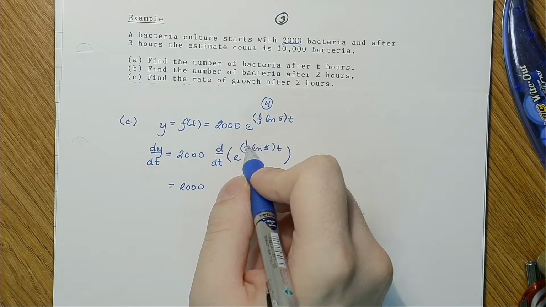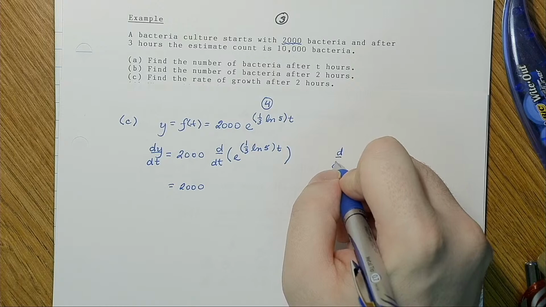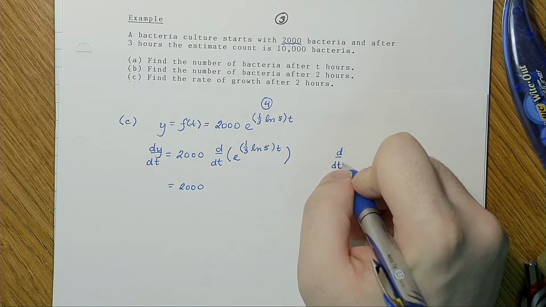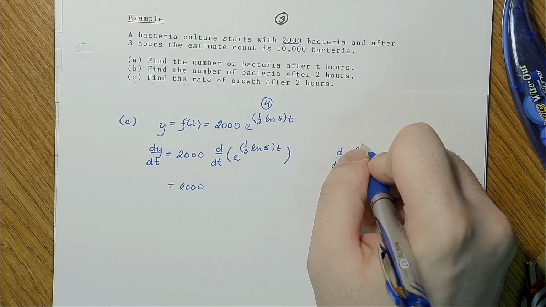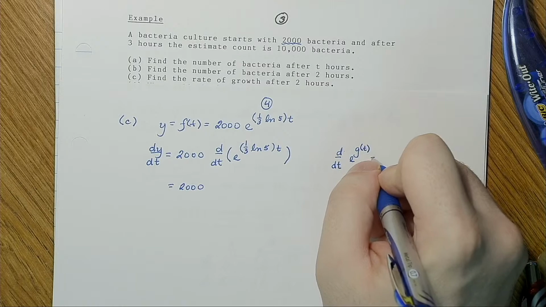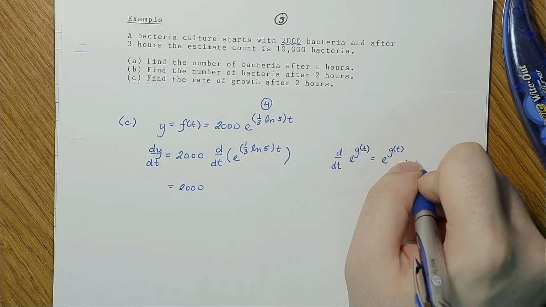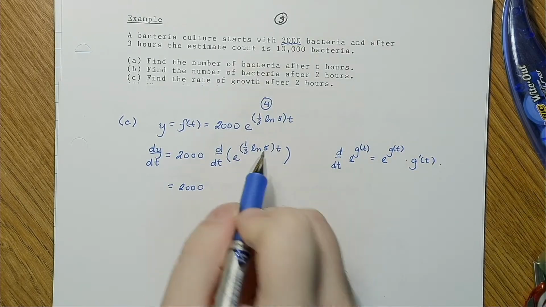So we're going to take the derivative of that. Again, the derivative with respect to t of e to the g of t is equal to e to the g times the derivative of g. This is my g function right up here.